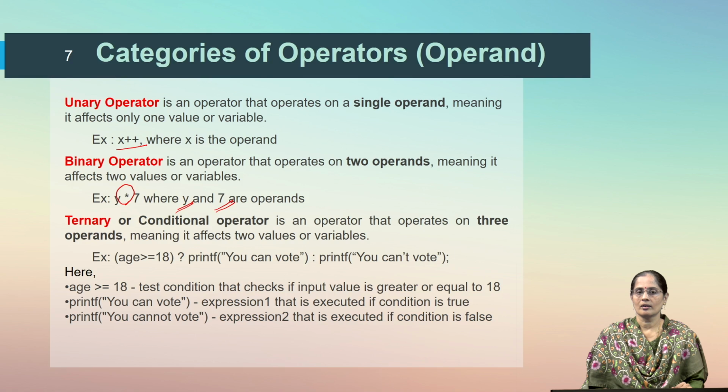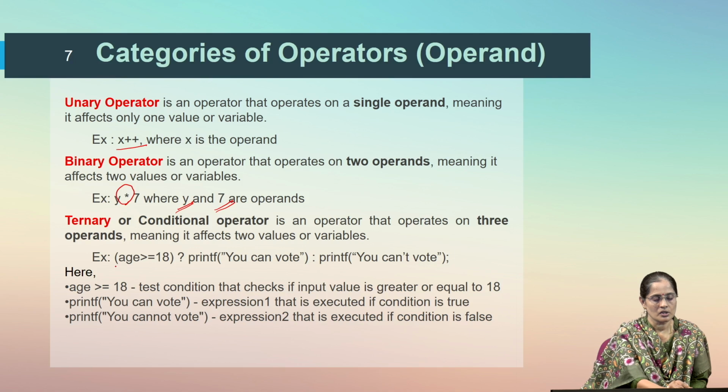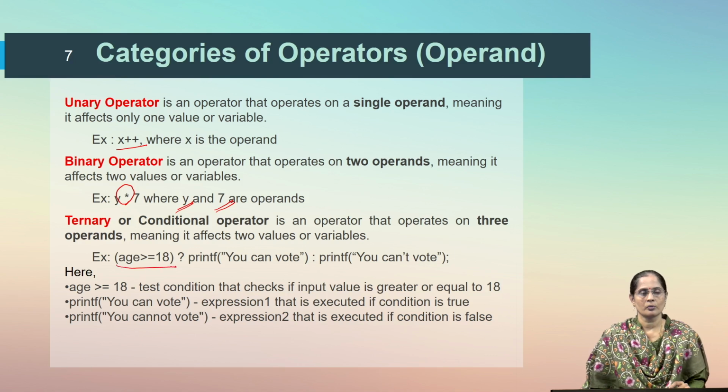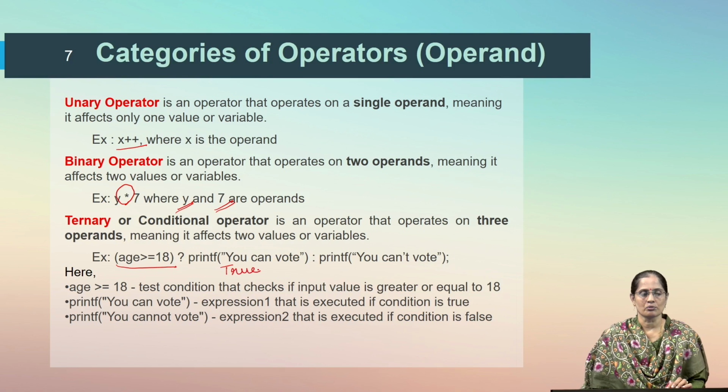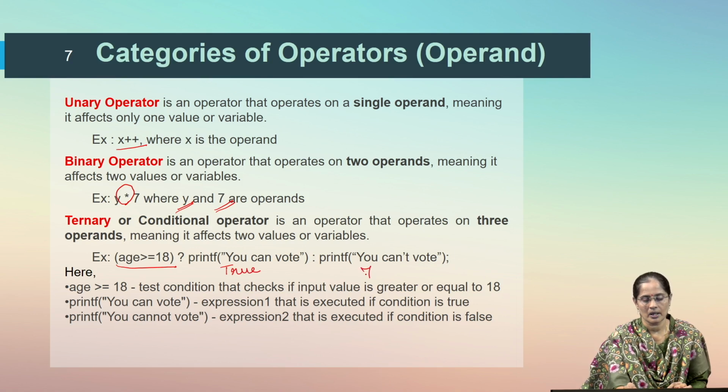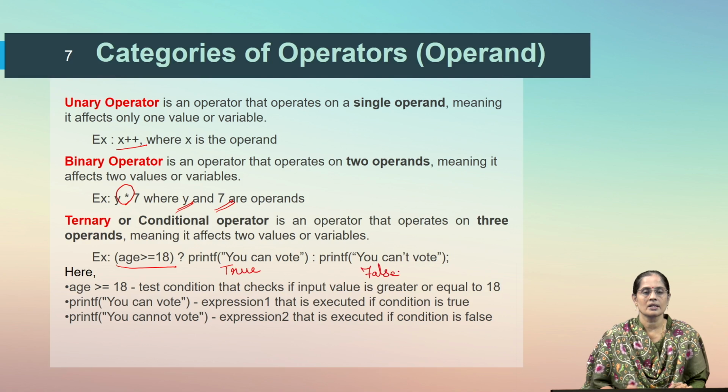A ternary or conditional operator is an operator which will operate on 3 operands, which means we require 3 values for performing its operation. Say for instance, the condition age greater than or equal to 18 is verified, and if the condition is true, the first part of the operand gets executed. If it is false, the second part of the conditional operator gets executed. So, this requires 3 parts of the data.